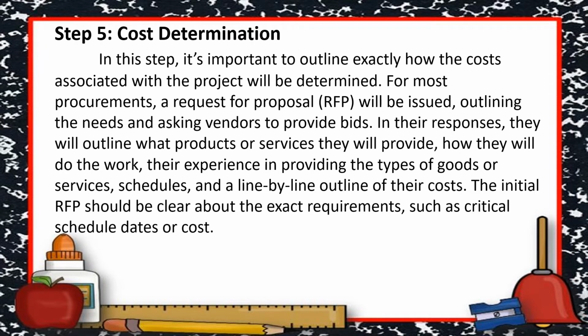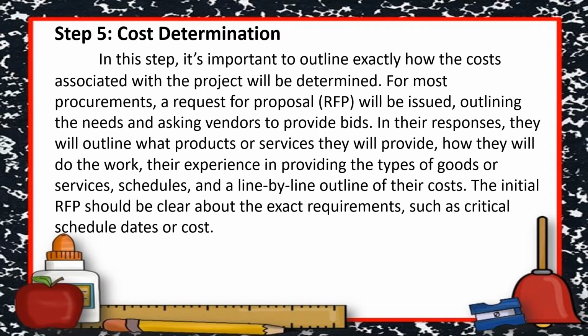Step 5. Cost determination. In this step, it's important to outline exactly how the cost associated with the project will be determined. For most procurements, a request for proposal (RFP) will be issued outlining the needs and asking vendors to provide bids.